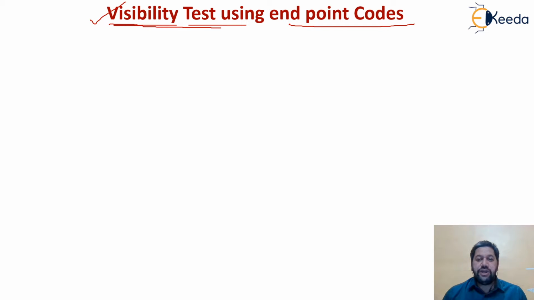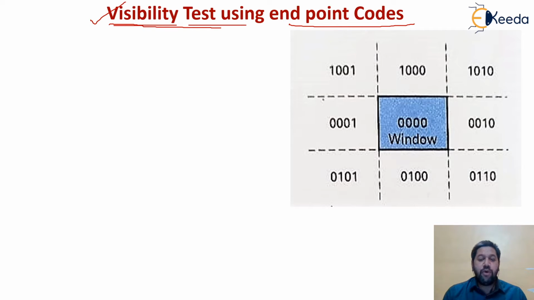So whenever a line is given for clipping, we have to find out its visibility. There are three possibilities: the line may be totally visible, meaning totally inside; totally invisible, meaning totally outside; or partial. Let us understand how we can perform this visibility test with the help of these nine region codes, or endpoint codes.